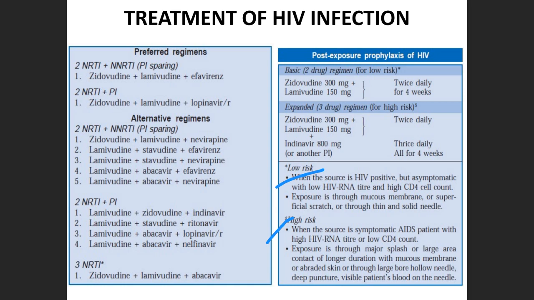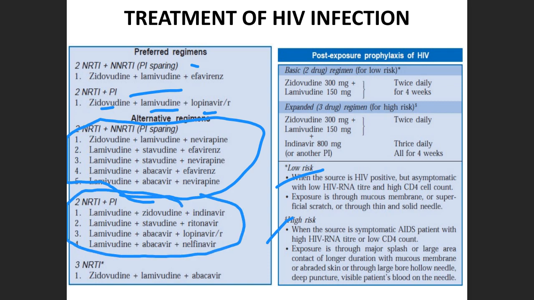Here a combination of nucleotide reverse transcriptase and non-nucleotide reverse transcriptase drugs like zidovudine, lamivudine, or efavirenz is given, and a combination of nucleotide reverse transcriptase inhibitors with protease inhibitors like lopinavir, lamivudine, and zidovudine. There is also a PI-sparing alternative regimen. So based upon the patient's severity and condition, one of the regimens will be given to overcome the HIV condition.